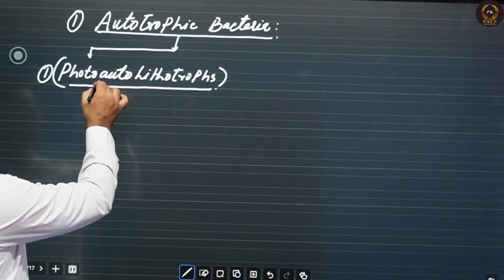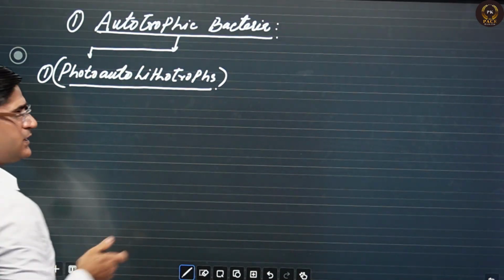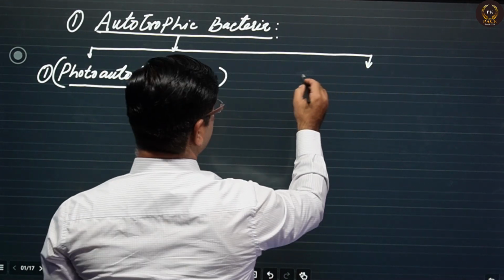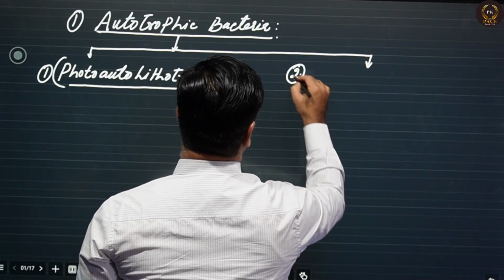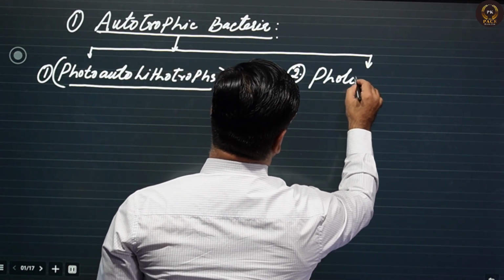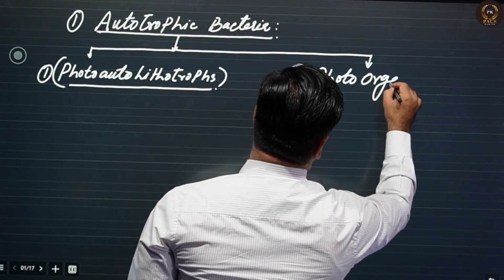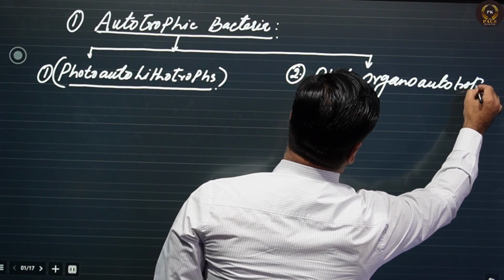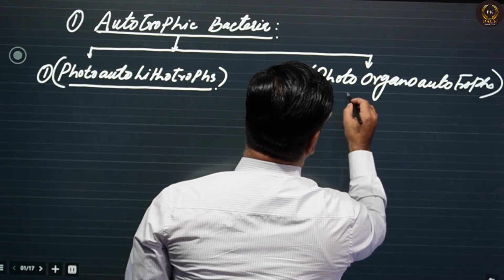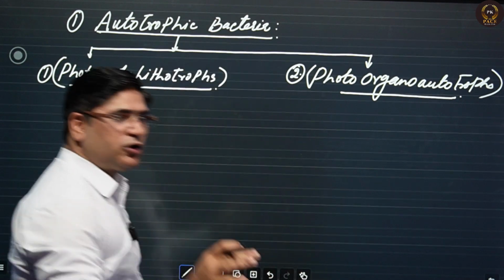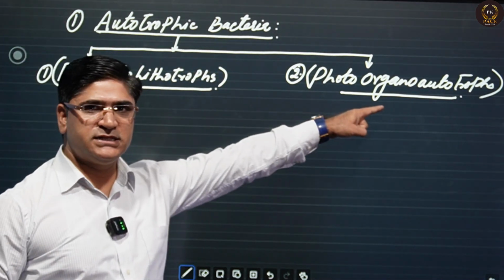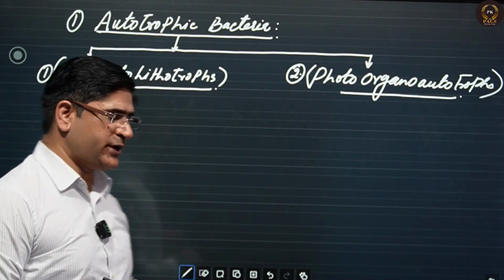One is called photolithoautotrophs, and another category is known as photoorganoautotrophs. So one is the lithoautotroph, another is the organoautotroph.